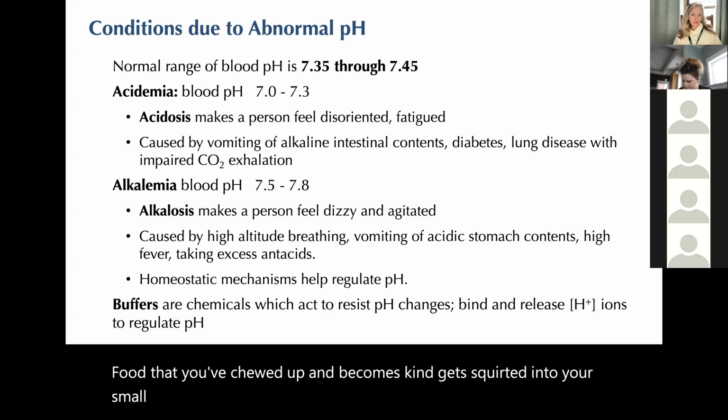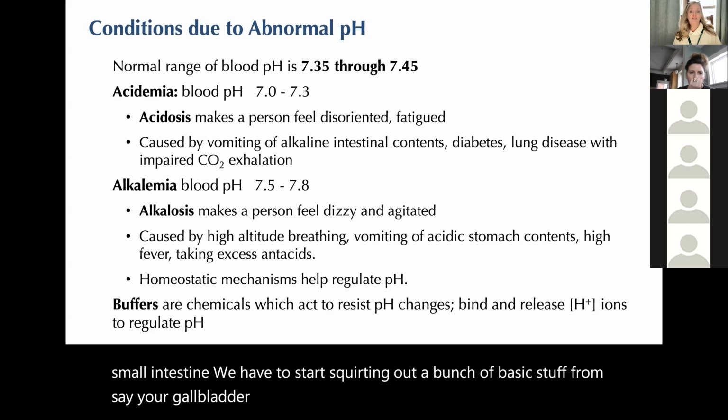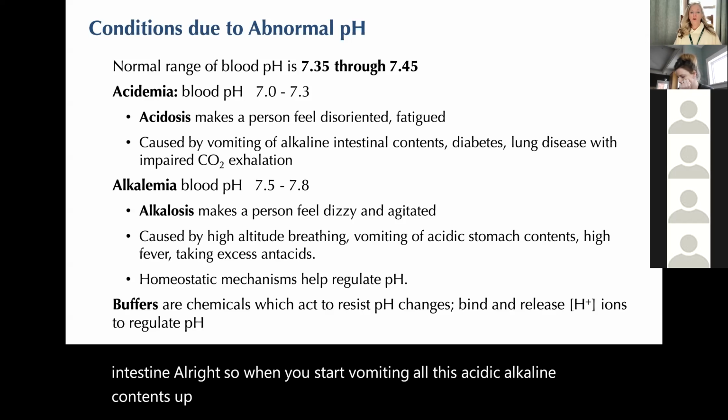We have to start squirting out a bunch of basic stuff from, say, your gallbladder, so that we don't acidify and burn up our small intestine. All right, so when you start vomiting all this acidic and alkaline content up, you become more acidotic.